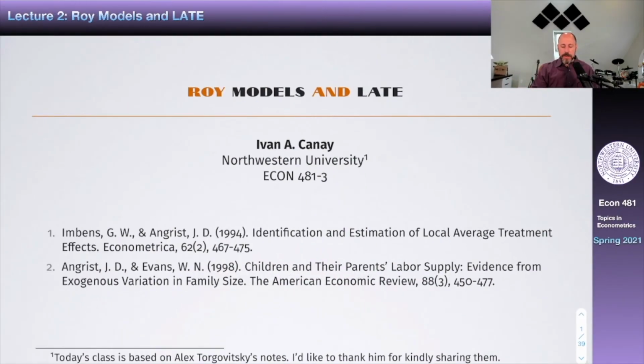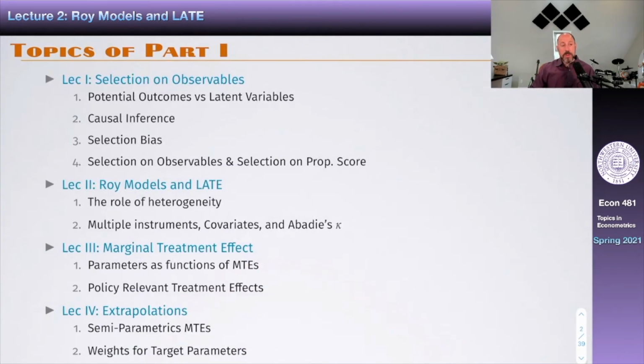Today we're going to talk about Roy models and LATE. To get a sense of where we are relative to this first part: last class, we talked about selection and observables. We defined potential outcomes. We discussed how that was notation relative to what we call a latent variable model.